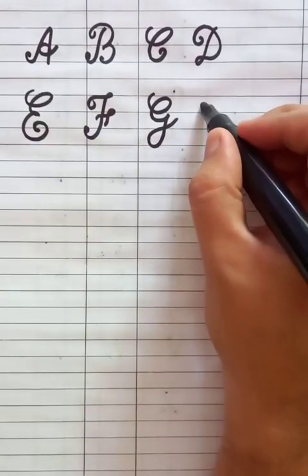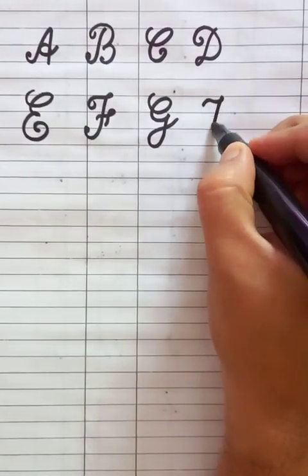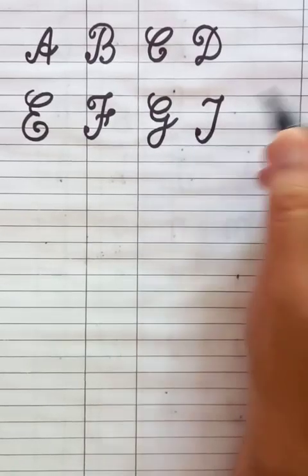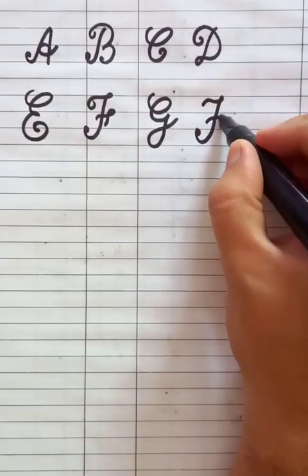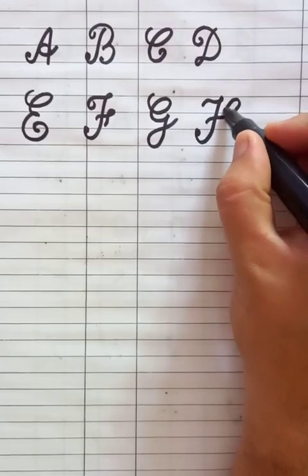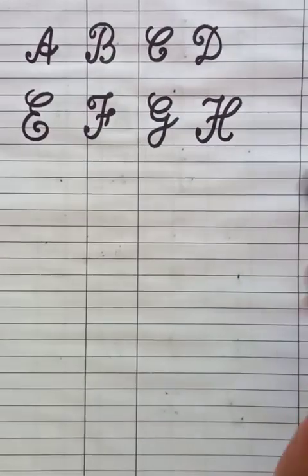H. First you can draw the left wing, then starting up here, rolling up here, and finishing here. H.